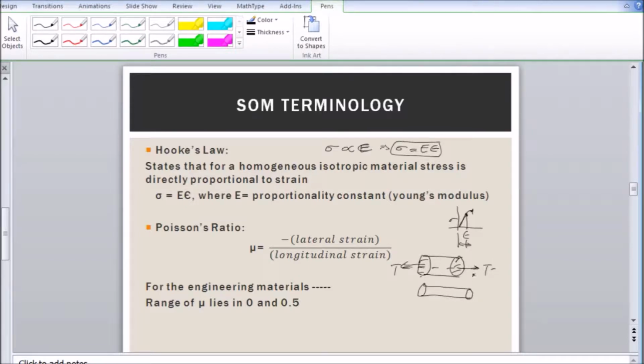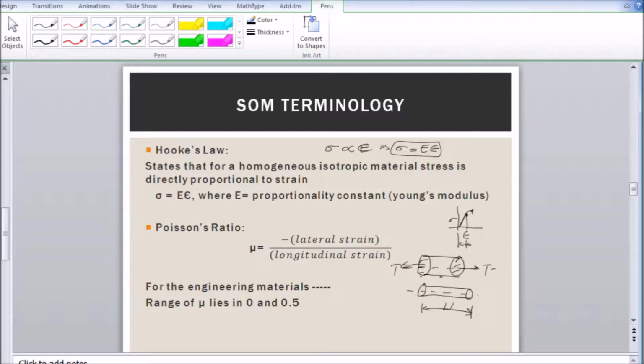Because I am showing tension here, it is increasing in length. If it was compression, it would have been a decrease in length. Since length is increasing in the direction of the applied load, in the perpendicular directions the dimension will decrease.